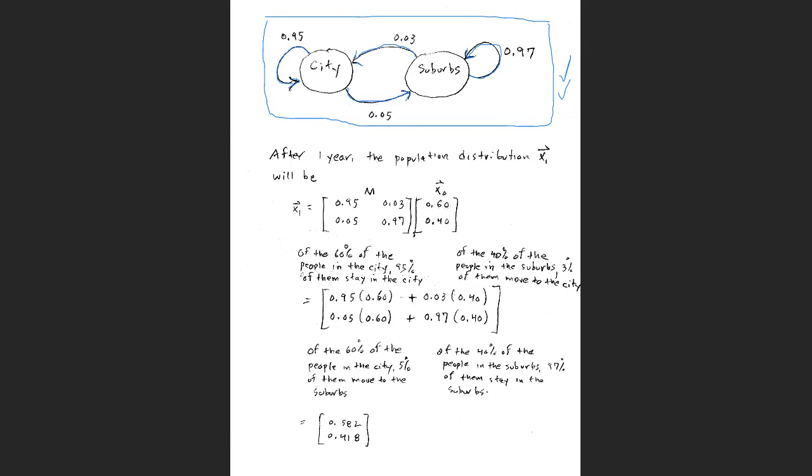So, okay, let's go ahead and solve the problem. After 1 year, the population distribution, which I'll denote as x sub 1, is going to be equal to the migration matrix M times the initial state vector x naught.